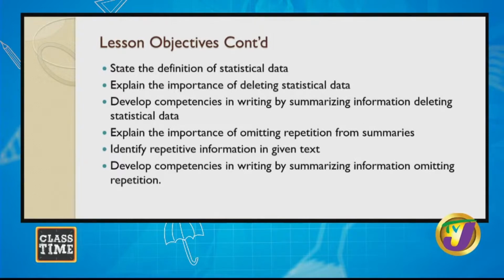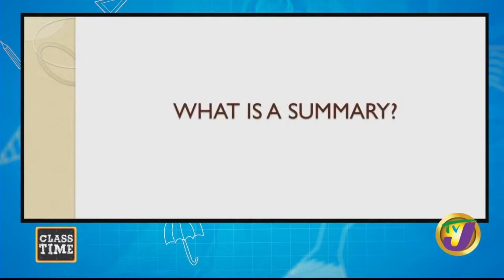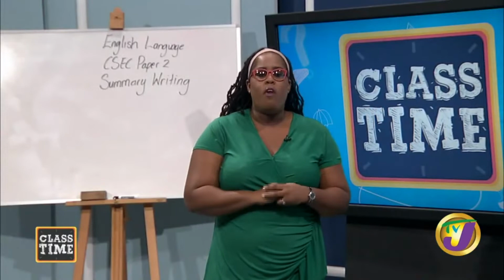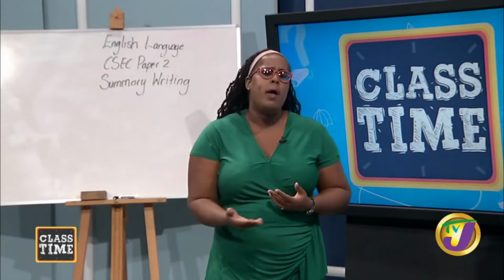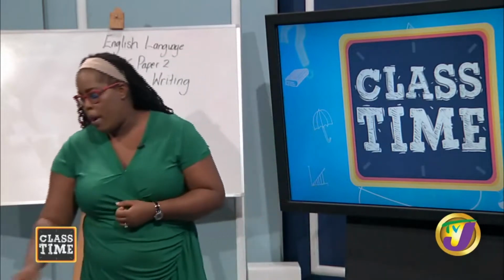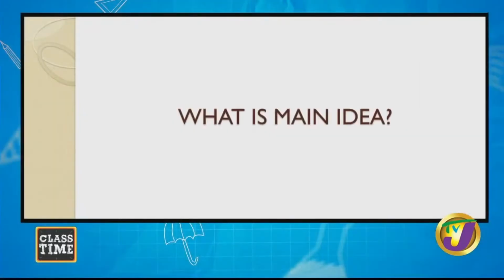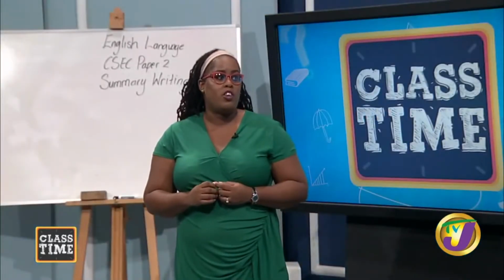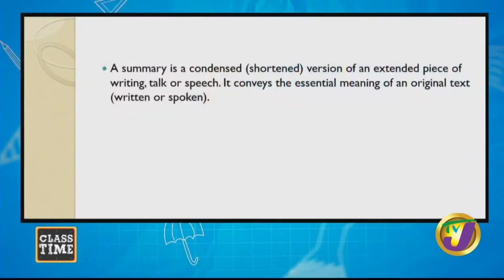All right, so the last lesson that we looked at, we got the definition of a summary, right? Do you remember what summary writing is? All right, so let us refresh our memories. Here it says a summary is a condensed or shortened version of an extended piece of writing, talk, or speech.